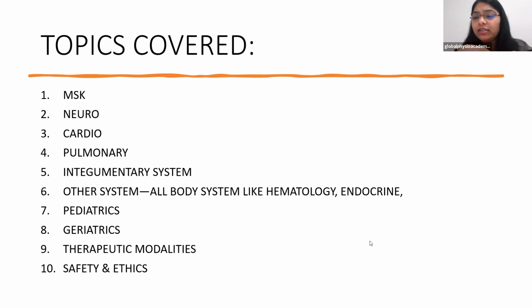Pediatric population diseases like spina bifida, cerebral palsy, athetoid children. Geriatric population, those having Alzheimer's disease, Parkinson's. Also therapeutic modalities, stents, ultrasound, and most important, Canadian ethics, safety and ethics. Each of these topics is important in your exam.